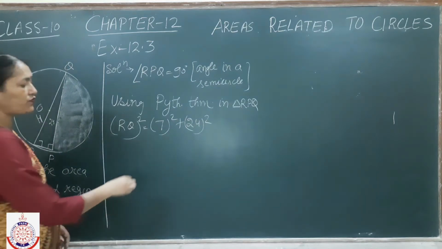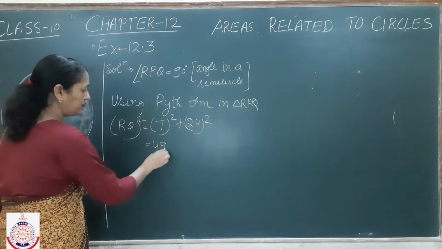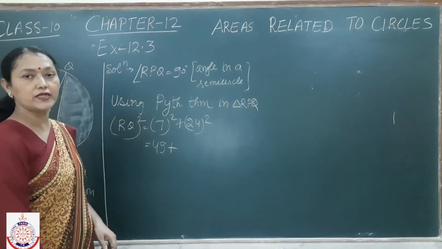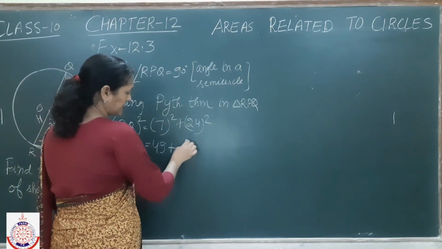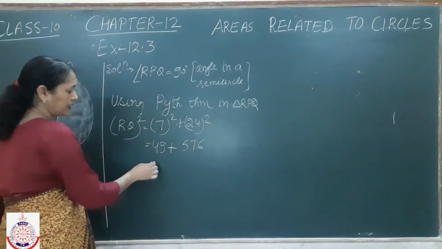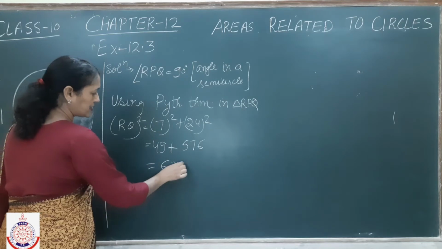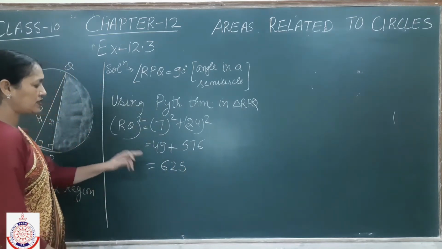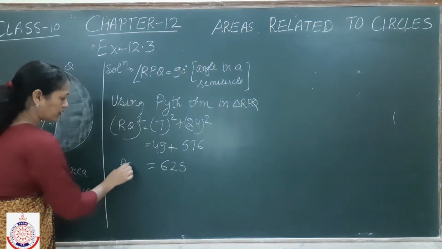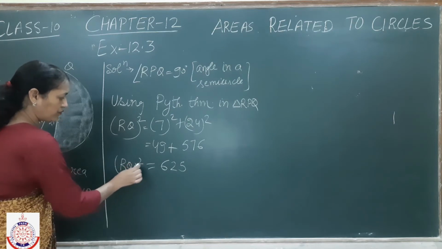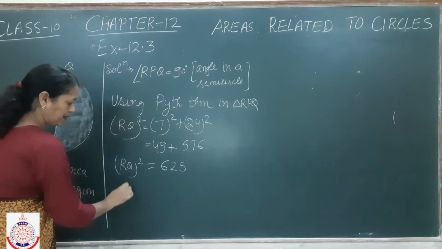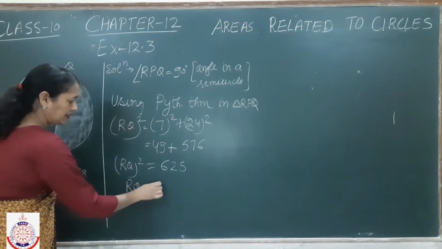Now 7 square is 49 and 24 square is 576. Adding the two, I get 625. This 625 we have obtained as RQ square. So if I move this square to this side, I get the square root of 625, that is 25.